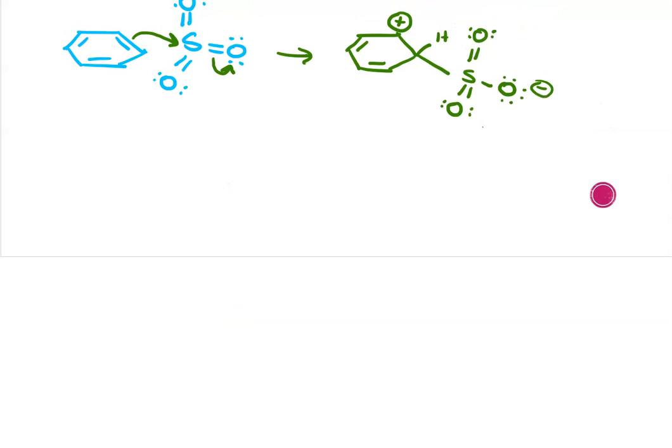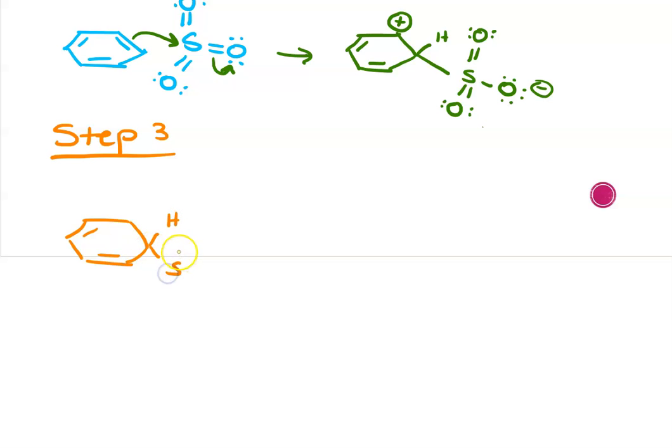All right, so now that I have this base model, we're going to rearrange some stuff to get something that is significantly more stable. All right, so here we have kind of the same thing that we do every single time we're substituting, where we got to get rid of this H to create that stability on the arenium.